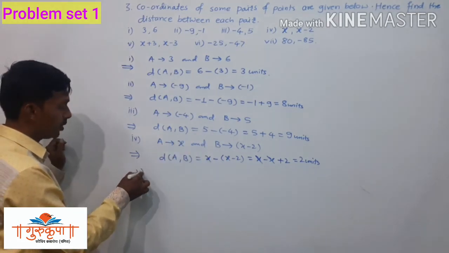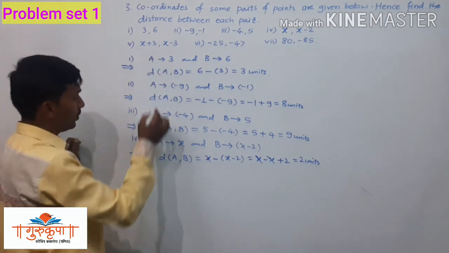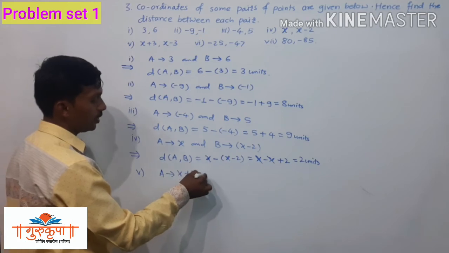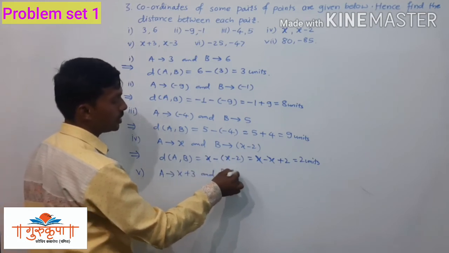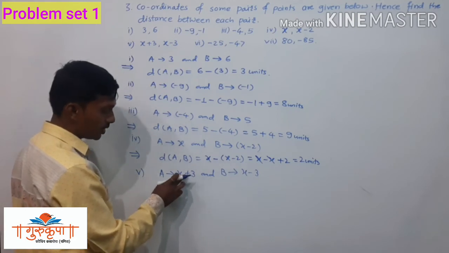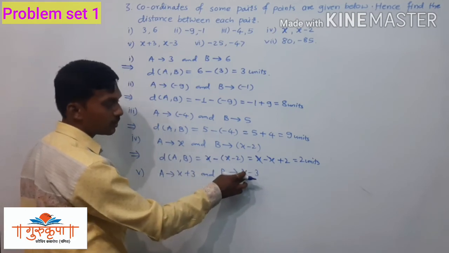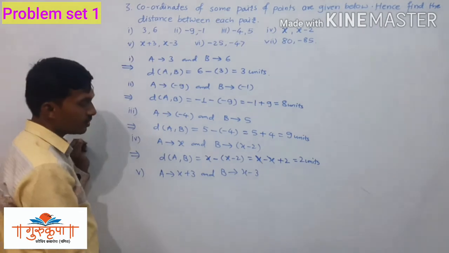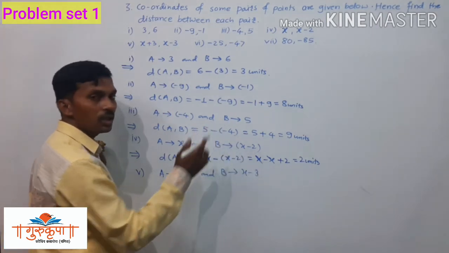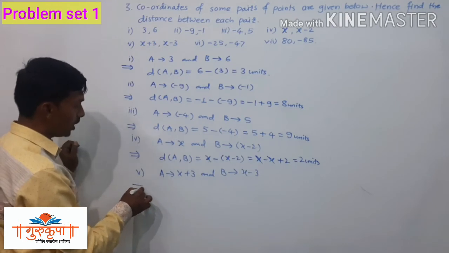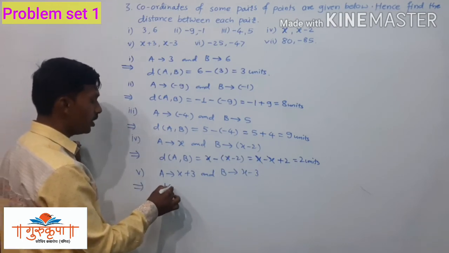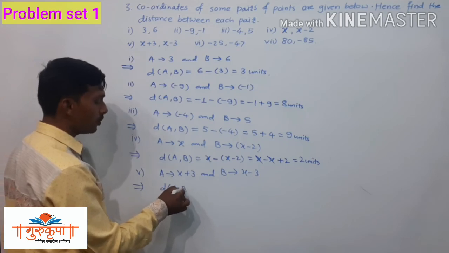Then we have question number 5. Here the coordinate of point A is given as x plus 3 and the coordinate of point B as x minus 3. Here again we have a variable, but 3 is added to x here and 3 is subtracted from x there, so we can easily see that this one is the bigger coordinate and this one is the smaller coordinate. To find the distance between these two points, we subtract the smaller coordinate from the bigger coordinate.